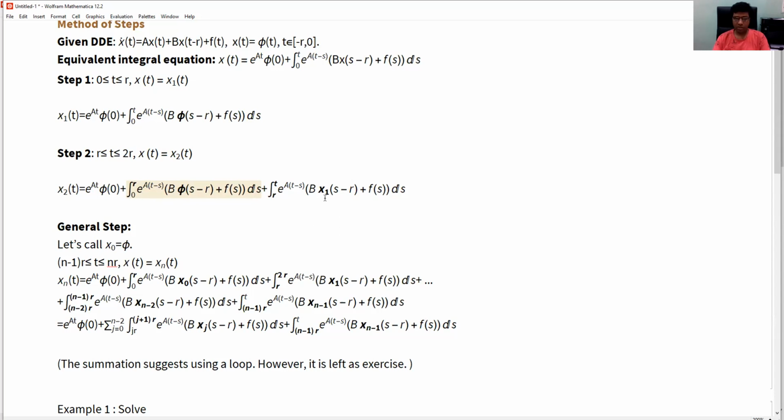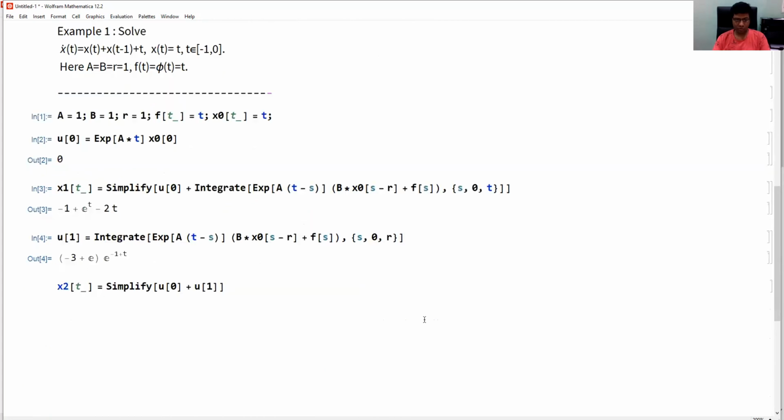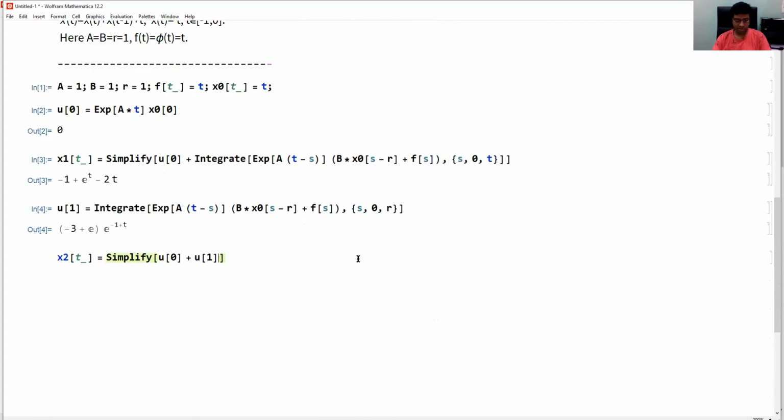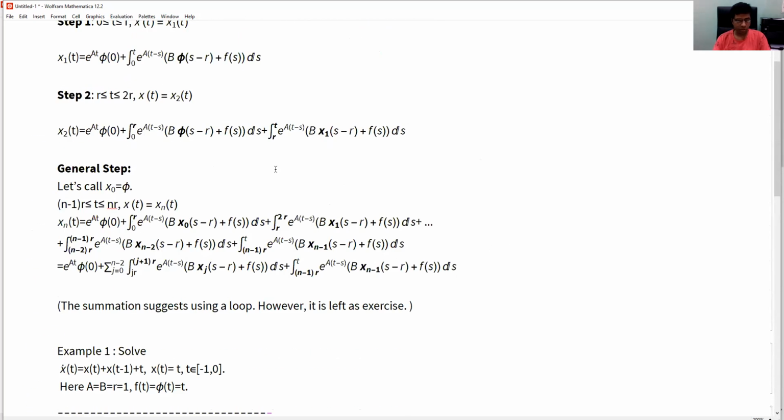The limits are r to t. x0 is replaced by x1. So we can copy and paste. So plus Integrate. Here this x0 should be changed to x1 and the limits should be from r to t. Is it okay? From r to t.